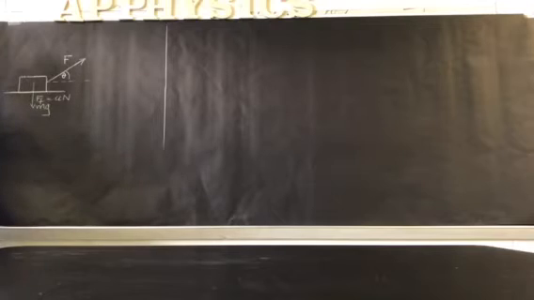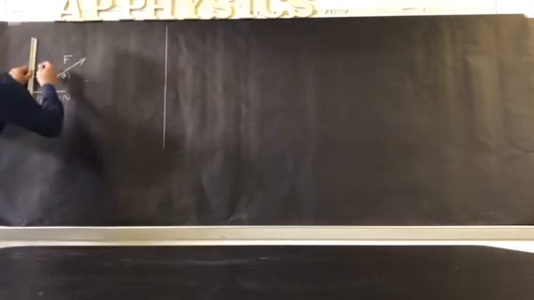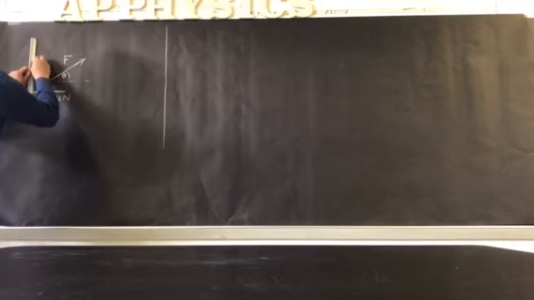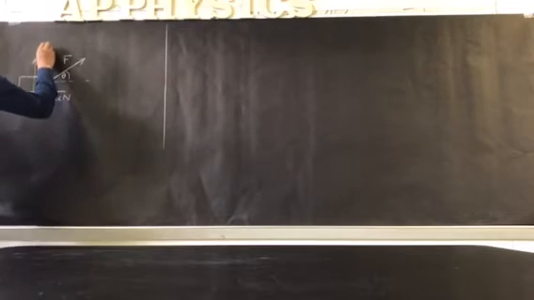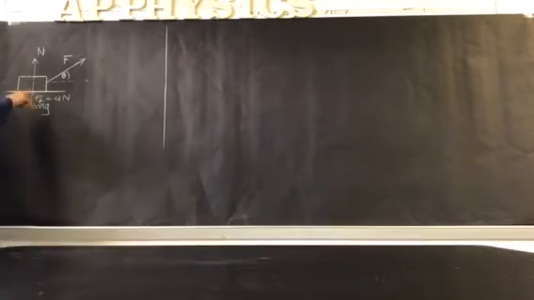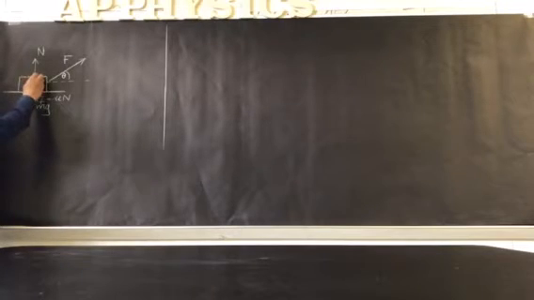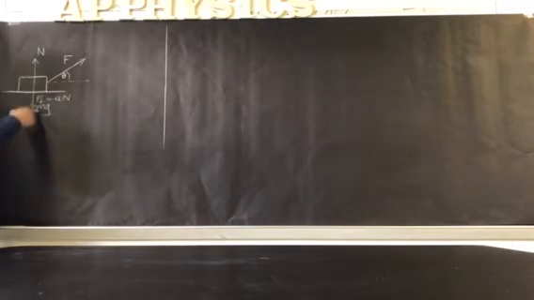That's the first thing you need to draw. Then, by Newton's third law, the normal force is the force of the floor exerted on the object, which in this case is equal to the weight.